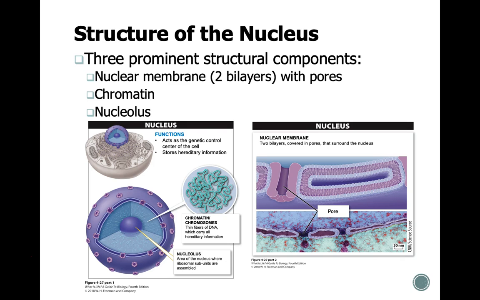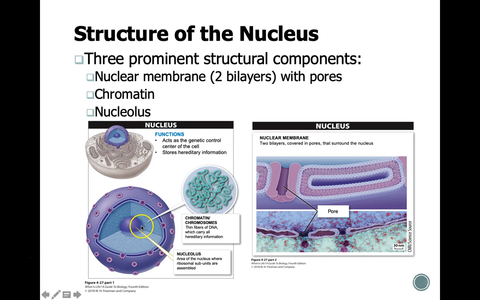Now, all of our cells contain all of our genetic information, and we'll talk about what that means a little bit later. But let's talk about the structure and the function of the nucleus. So within the cell, we have this large structure. It's always represented as purple in our book, and you can see that in this picture, it's sort of round.